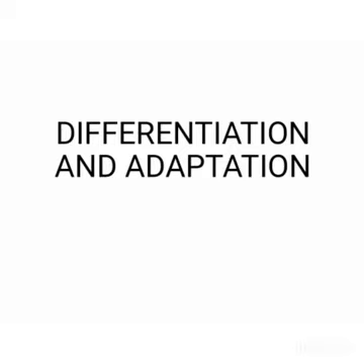So why did I bring in this differentiation and adaptation? It's never possible that every student in a classroom learns at the same speed, and it is never possible that all students in a classroom think alike. There is this thing we call individual differences that exist in a classroom.